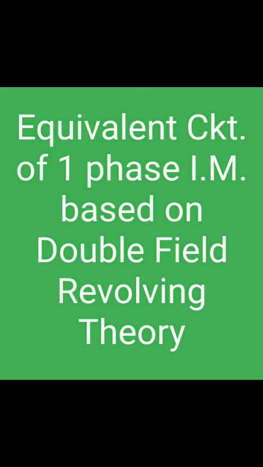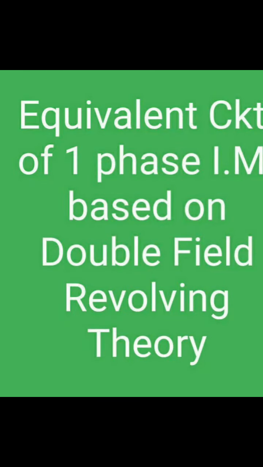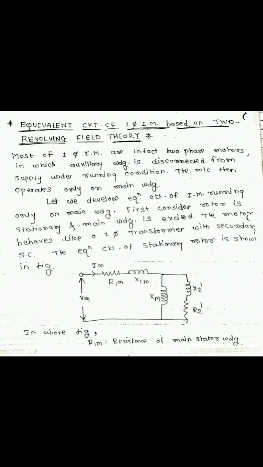The resultant of these fluxes is a rotating quantity, and depending upon that, the single phase induction motor will rotate. This working principle, called double field revolving theory, is used for determining the equivalent circuit of a single phase induction motor. So we'll start to derive the equivalent circuit of the induction machine.